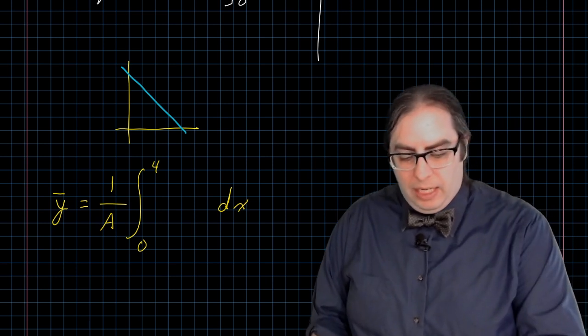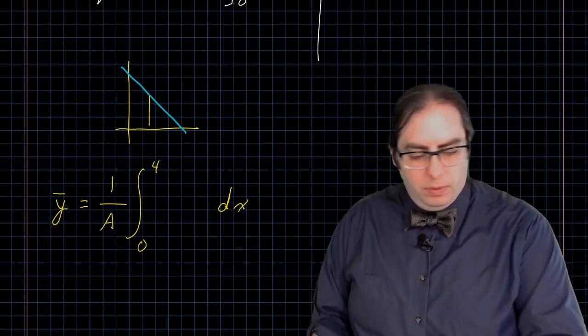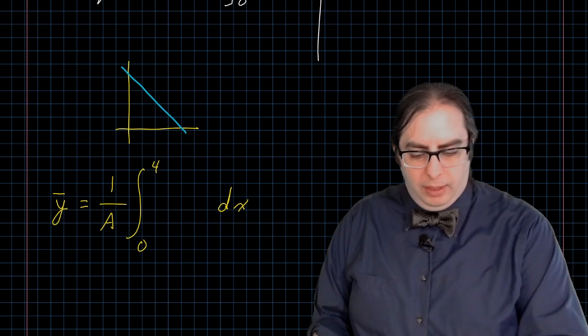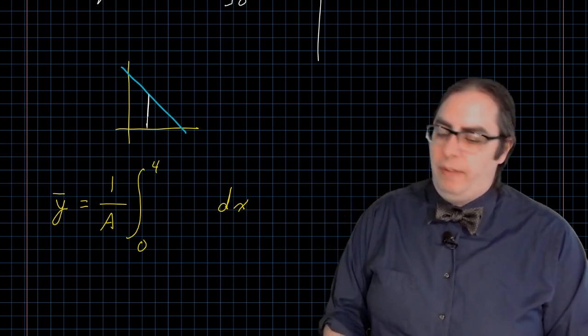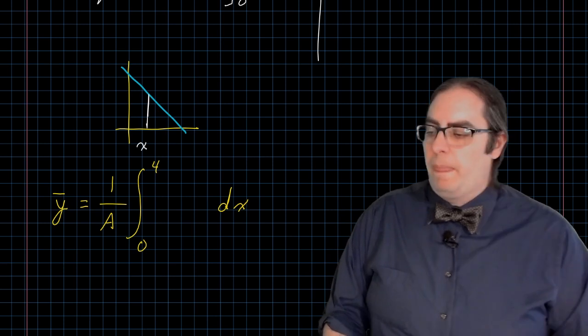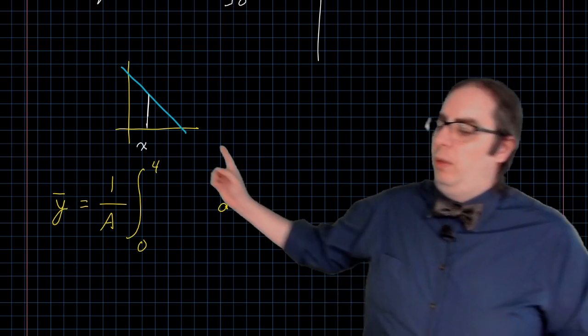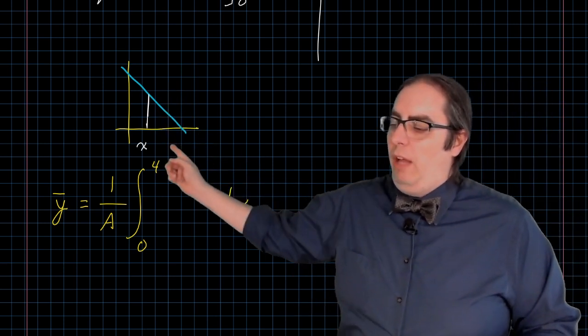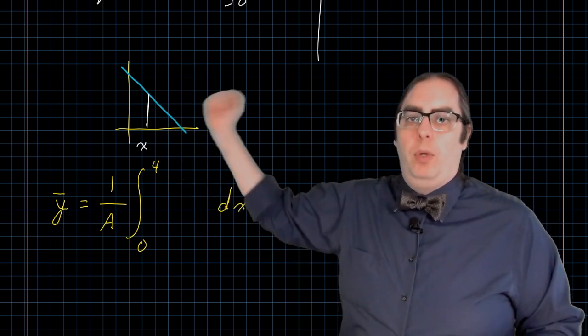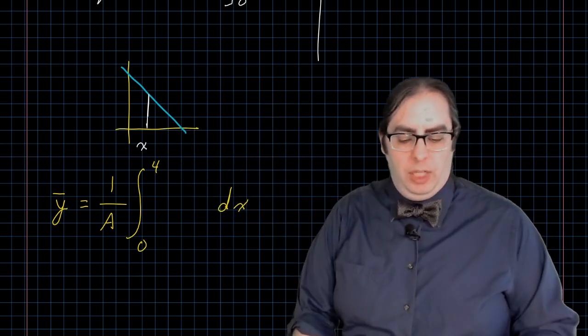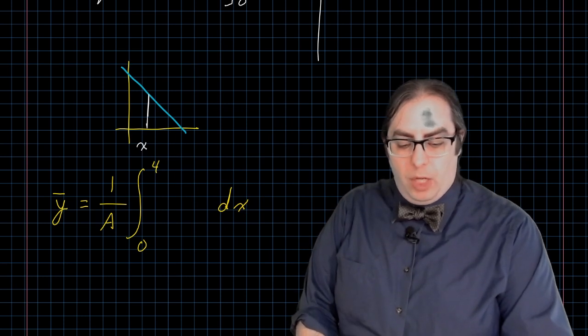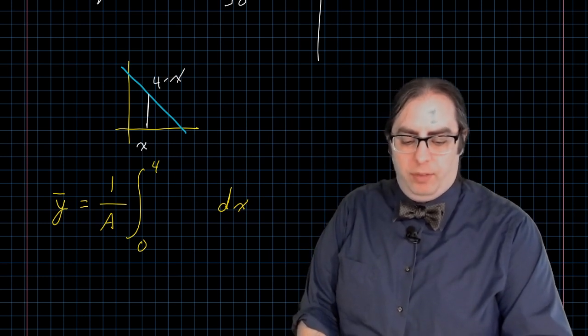Instead, I'm going to think about, let's draw a white line like I meant to. I'm going to think about some particular value of x. And for some particular value of x, all of the points that I'm caring about at that very moment fall on this vertical line. The top of the line is at the point 4 minus x.